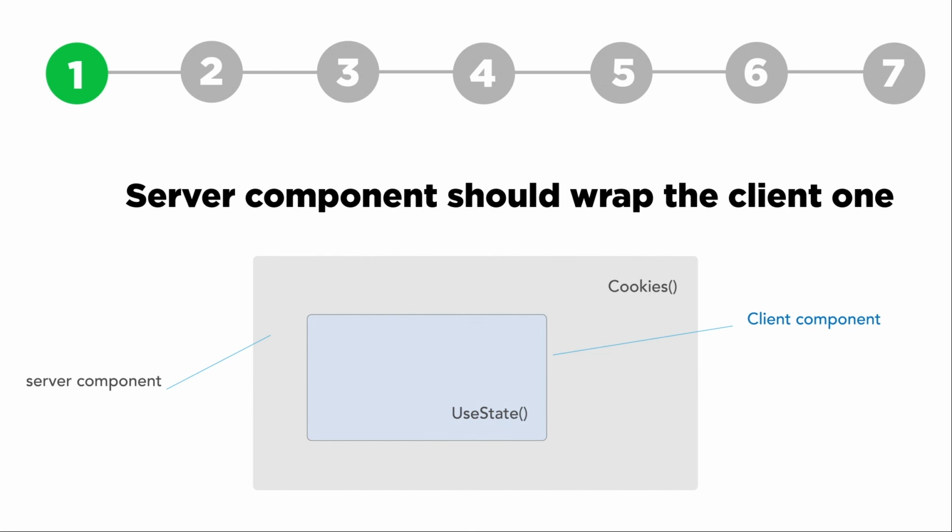The client components render on the client side, whereas the server components are rendered using server side rendering, as we know with Next.js. There is a pre-render before getting the response from the server. So that's the number one, a server component should wrap the client component.